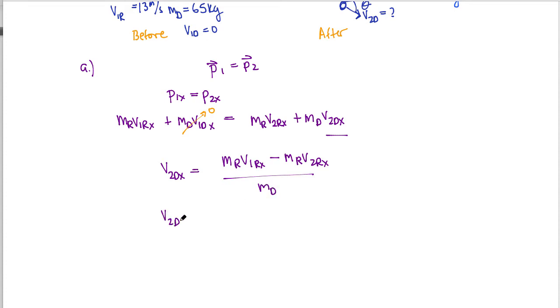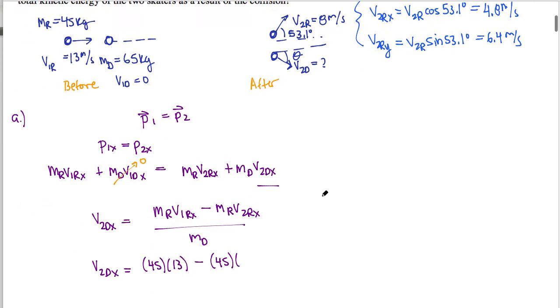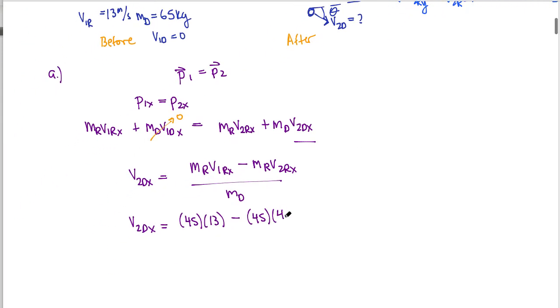Substituting for these quantities, I would have the mass of Rebecca, 45 kilograms, times her initial speed in the x direction, which is all of the initial speed, so that's 13, minus mass of Rebecca again, 45 kilograms, times her final speed in the x direction, which we found to be 4.8 meters per second, all over the mass of Daniel, which is 65 kilograms.